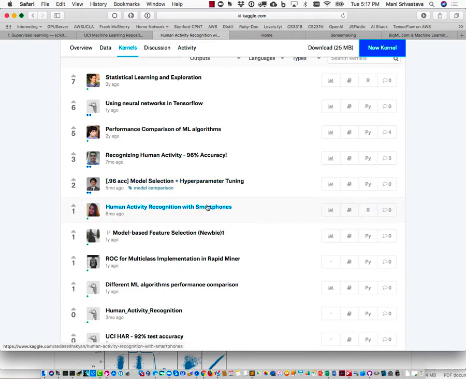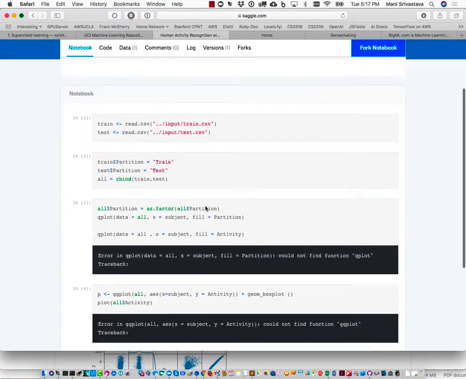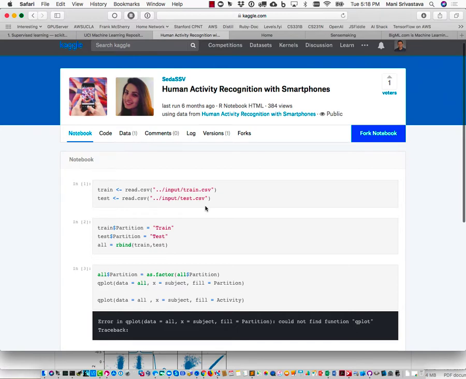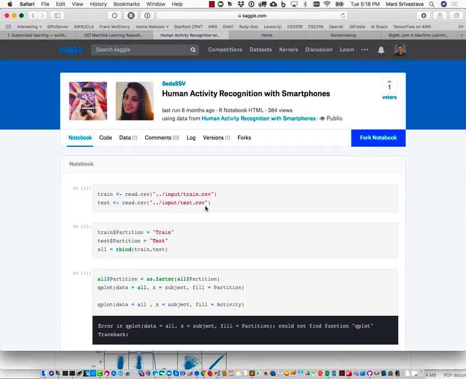Okay, so you would see each one of them basically publishes a Jupyter notebook. How many of you have used IPython notebooks? Again, some of you. Okay, so if you're using Python, then the thing to use is Jupyter Notebook, also called IPython Notebook. What happens here is that a program runs in the backend, talks to the Python program, and exposes itself through a browser-based interface, and we'll see how it works.